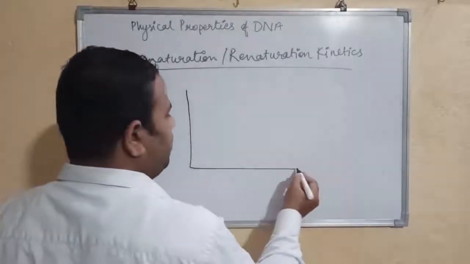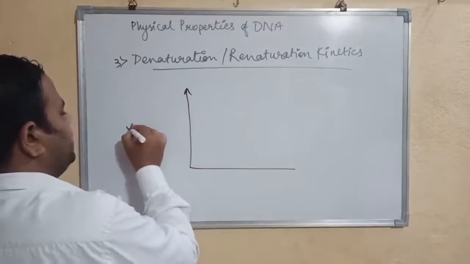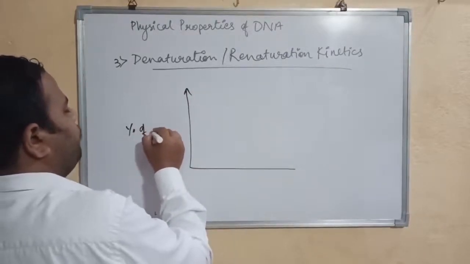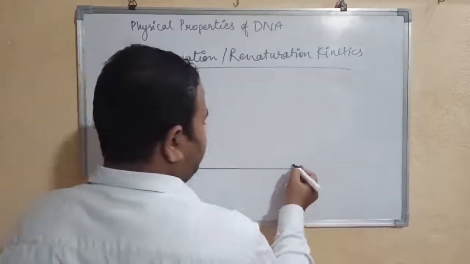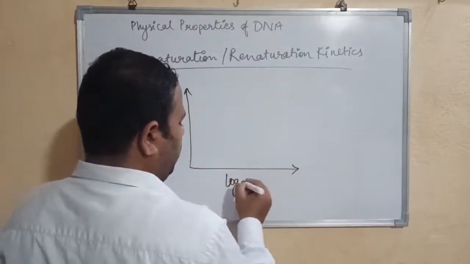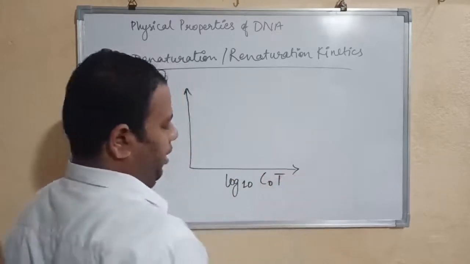We can see here in this, here it will be percentage of single-stranded DNA, and here it will be the log 10 value of concentration multiplied by time.